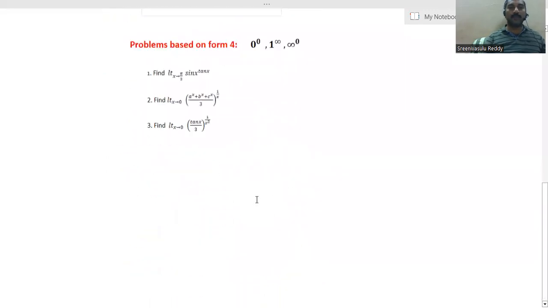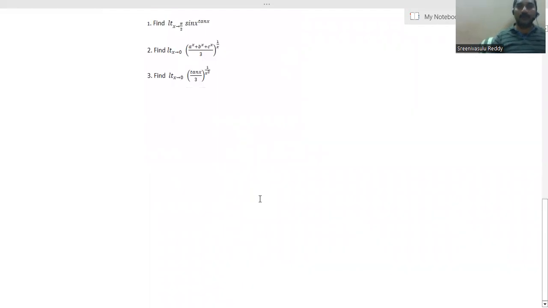First problem means 0 by 0 model. So just remember the concept, 0 by 0 model. Model 1 or type 1 or case 1.